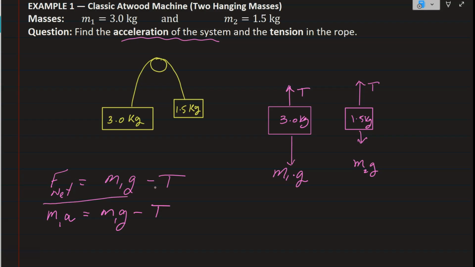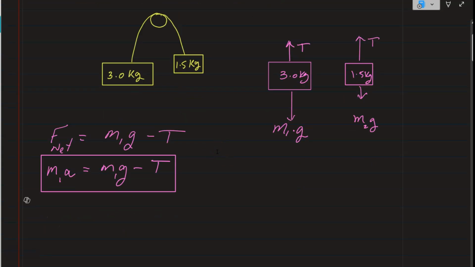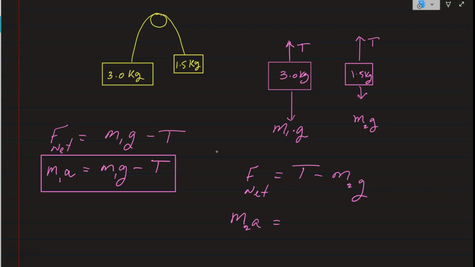This is the first one, and then we're going to do the same thing for mass 2, and that would be this. This time the tension is more, you subtract M2g from it, and again, this is M2a, the second mass times acceleration of the system, and that's equal to the tension minus M2g.